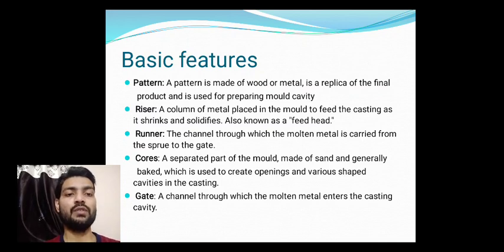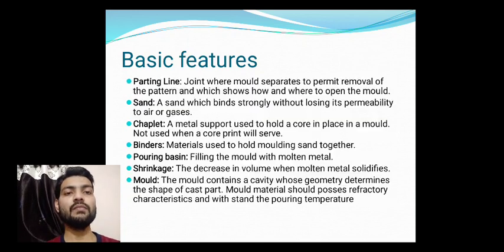Gate, a channel through which the molten metal enters the casting cavities. Parting line, the joint where the mold separates to permit removal of the pattern, and which shows how and where to open the mold. Sand, a sand which binds strongly without losing its permeability to air or gas. Chaplet, a metal support used to hold a core in place in a mold, not used when a core print will serve.